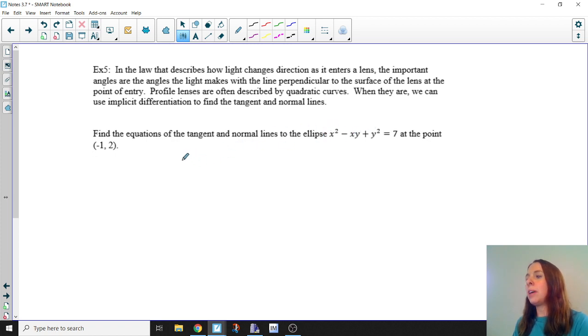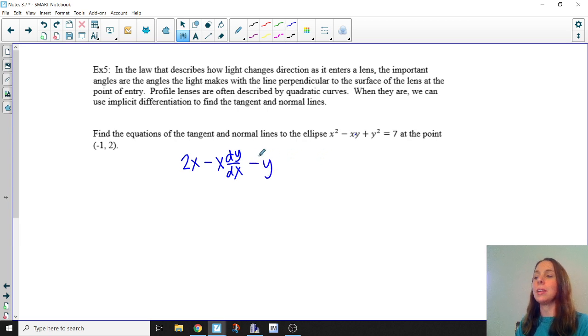The derivative of x squared is 2x. The derivative of minus xy, that's minus x times y. Let's use product rule there. Is minus x times dy over dx plus y times -1, right? Really it's minus y.